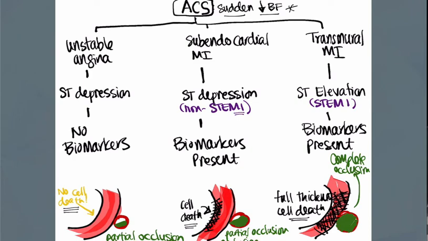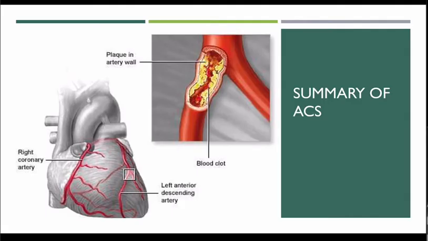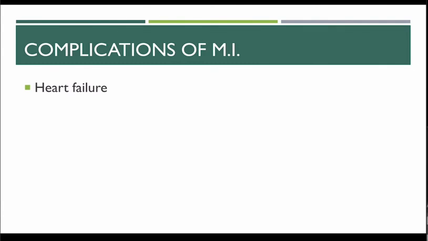Let's go back into the PowerPoint now and talk about what happens to patients when they're experiencing an MI and complications that can come once the heart has gone through this type of injury. So your notes on page 59 say complications of MI or myocardial infarction.